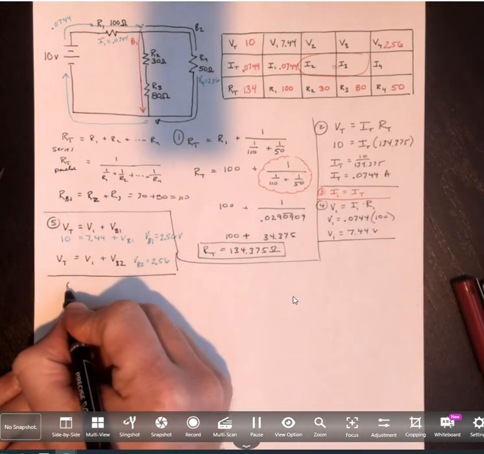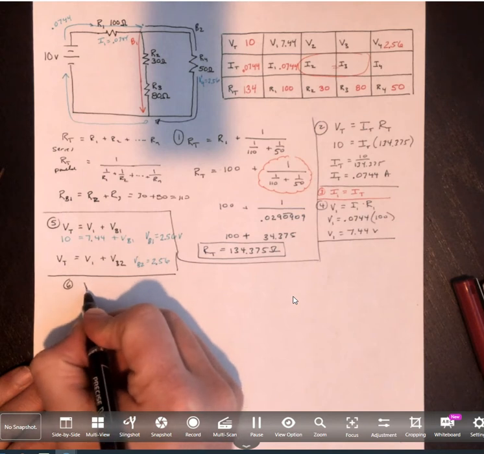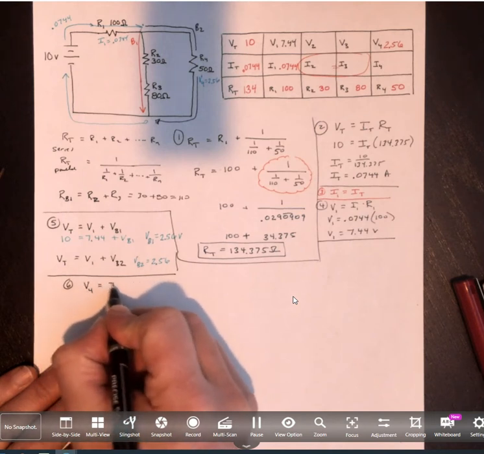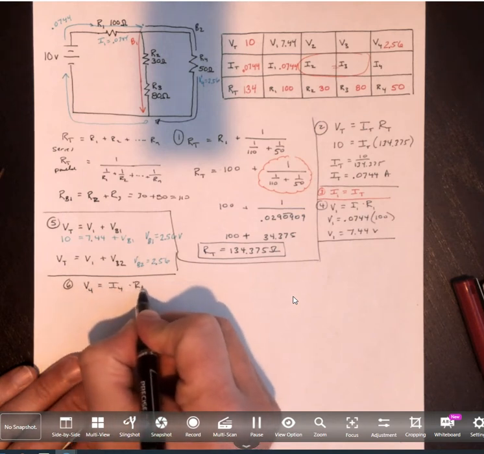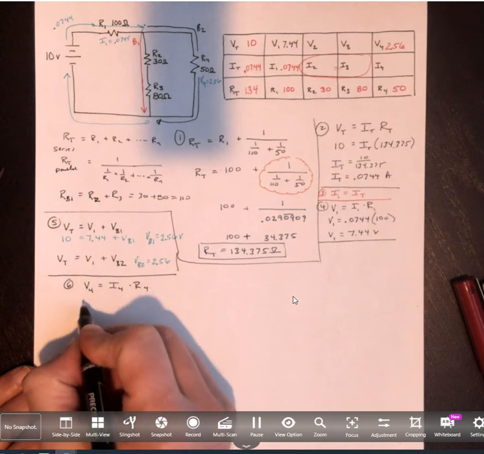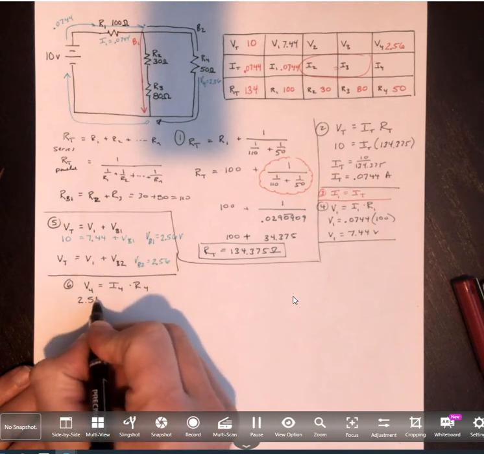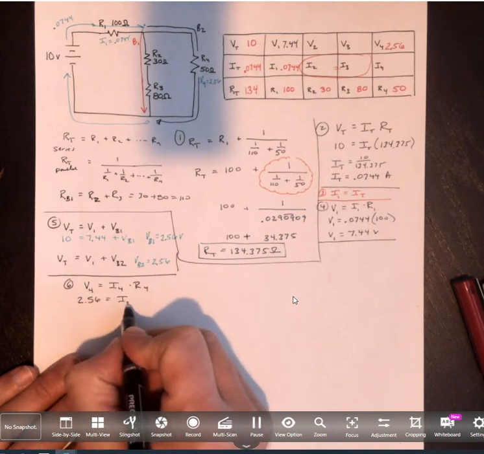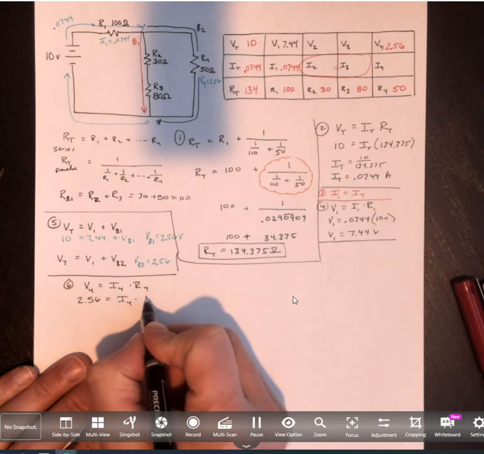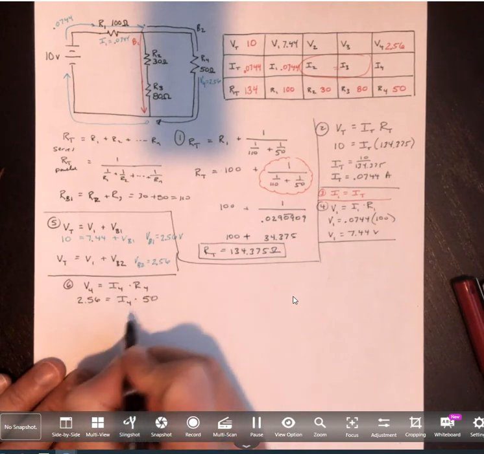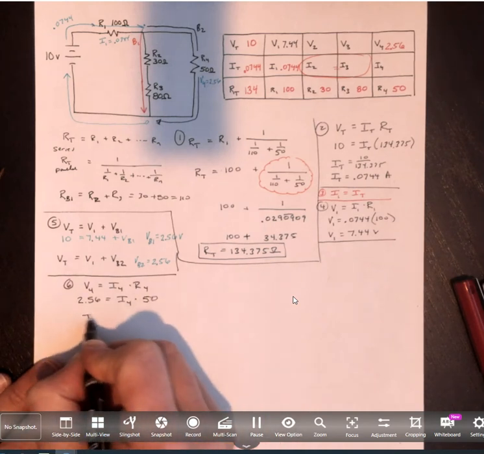So the sixth thing I can find out, I'm going to say V4 is equal to I4 times R4. So we've got the 2.56 volts is equal to the current times our 50 ohms. So I really just need to divide both sides by 50, right?